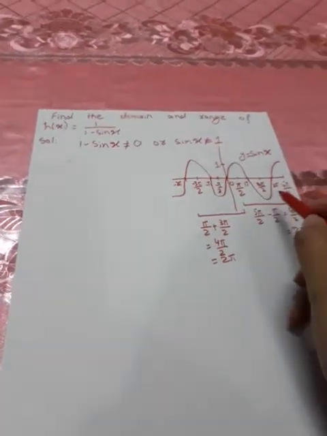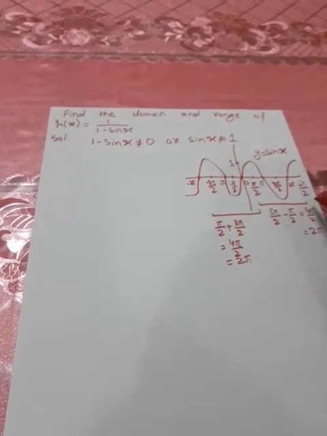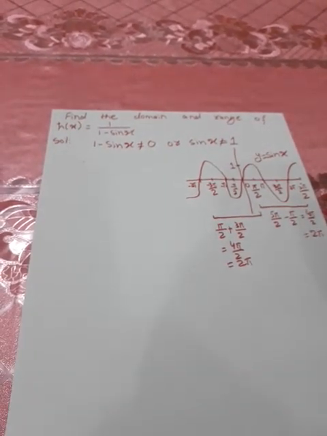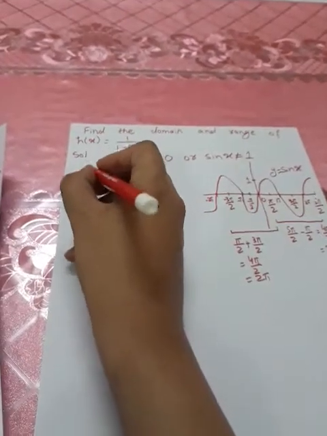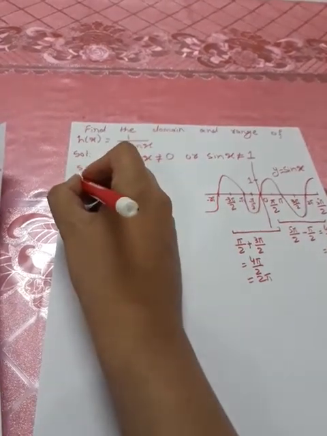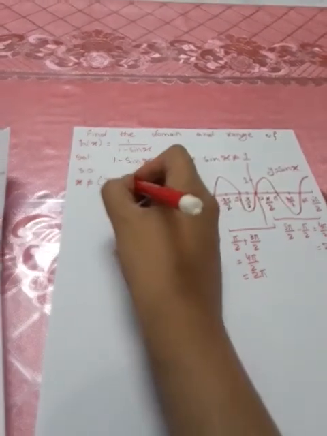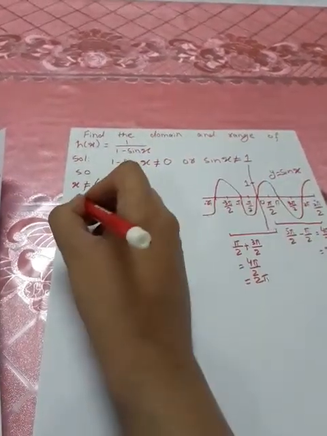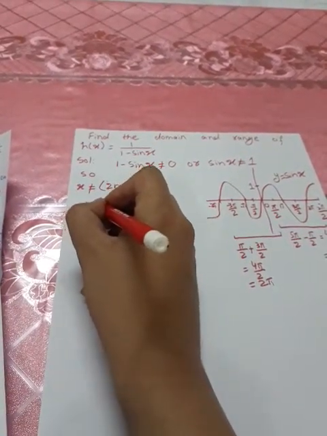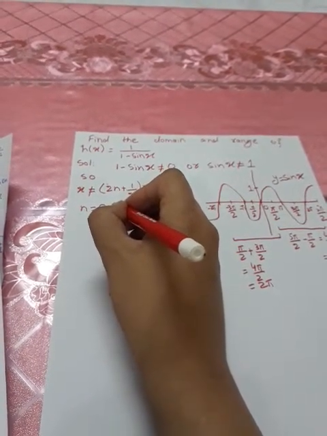Since sin x function is a periodic function and it repeats its cycle, it means every distance of 2 pi you have a point at which sin x function gives us 1, right? So I have to exclude those values of x such that x equals (2n plus 1) by 2 pi. Here I am writing the general form because there are infinitely many numbers at which sin x is 1.